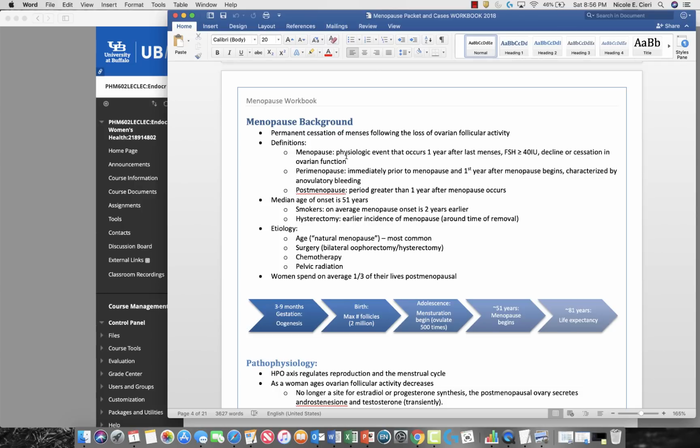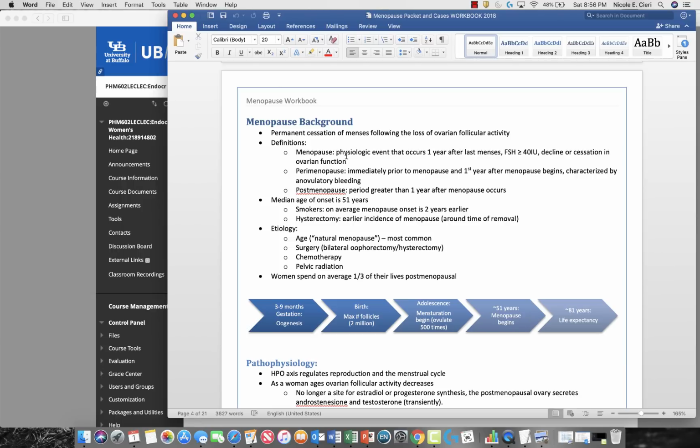The median age of onset is 51 years, so patients may experience menopausal symptoms before or after this time period. Smokers on average will experience symptoms earlier, and if a patient has a full hysterectomy during which they remove the ovaries as well, they will have an earlier onset of menopause around the time of removal.